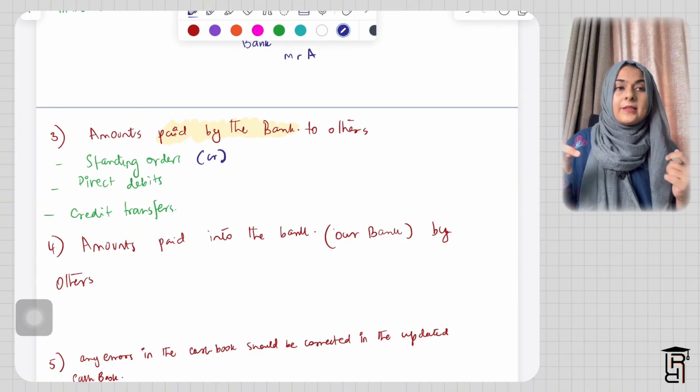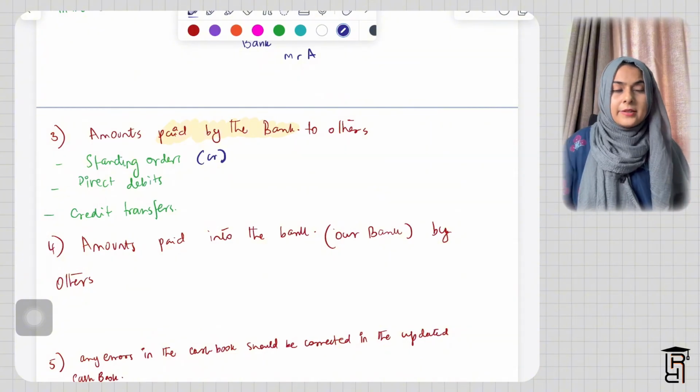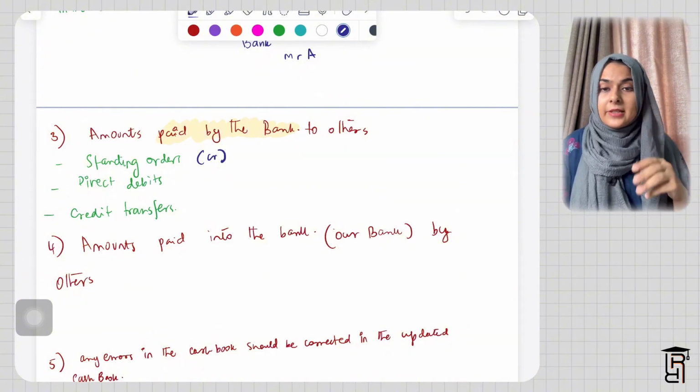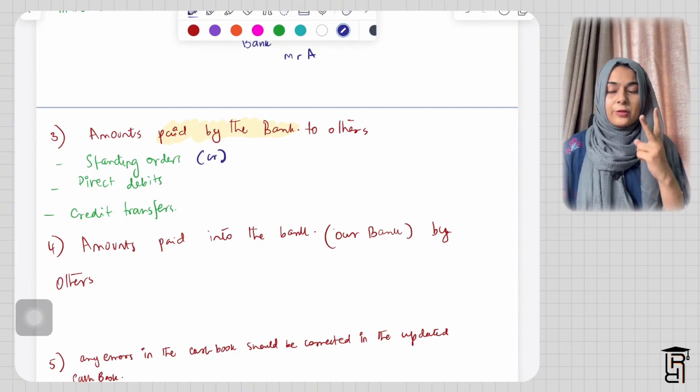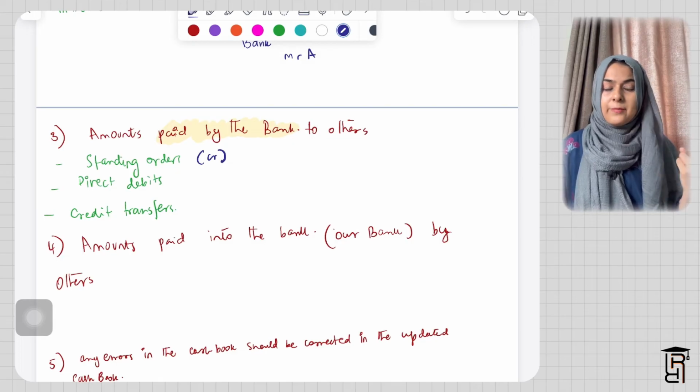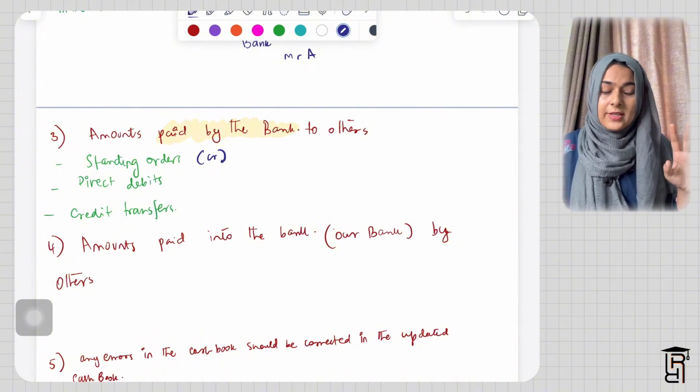Another thing is that when I make a payment to anybody, there is a 3-day clearing time. In banking, this is called clearing. Let me give you an example. There are two different banks. I live in Karachi, so I'll give you Karachi examples.